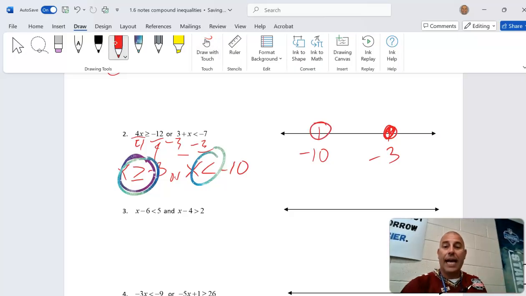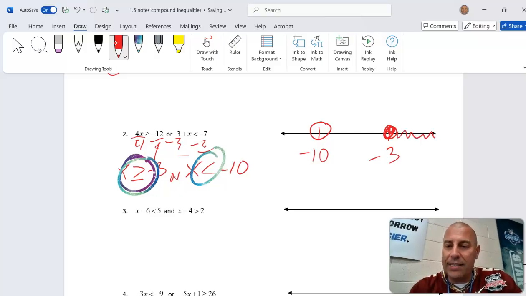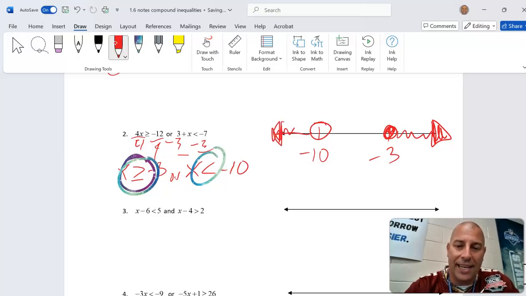Now it's an or statement, so it could be either one that's going to work. The nice thing about or statements is we can just start graphing right away. x is greater than or equal to -3, that would be this way. And numbers that are less than -10, that would be this way.